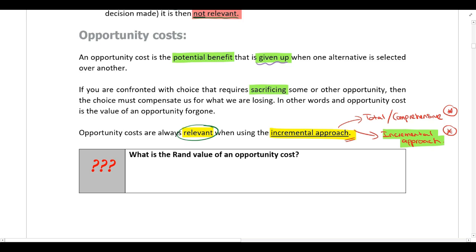And when we actually look at a couple of examples throughout the lecture, you'll see why that makes sense a little bit later. But for now, please just remember that. How do we calculate an opportunity cost? The rand value of an opportunity cost? It is always my lost contribution.